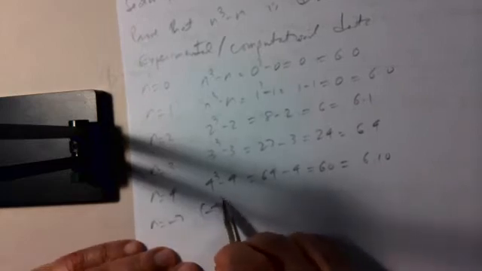What about minus 7? I didn't say the numbers had to be positive. What about a negative number? Minus 7 cubed minus minus 7. What is minus 7 cubed? Negative 343.